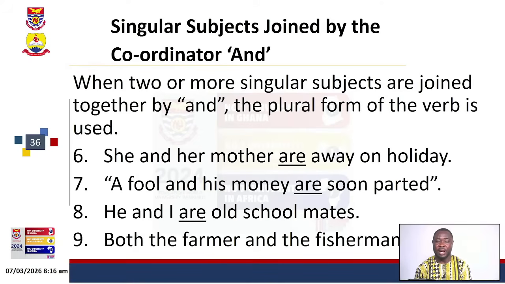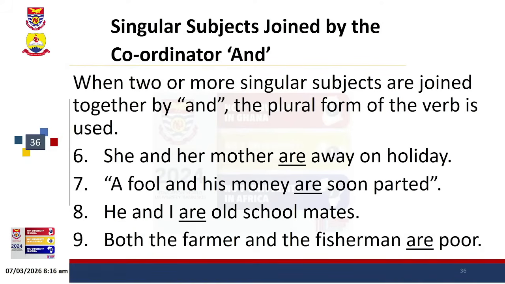So we are here talking about singular subjects joined by the coordinator and. We talk about the man and the woman, rice and beans, bread and butter. It means two singular nouns or subjects are being joined.